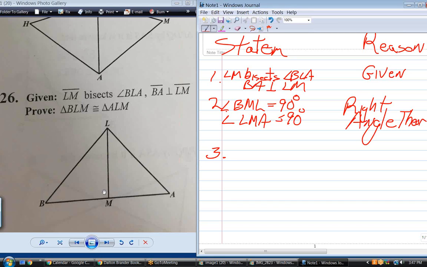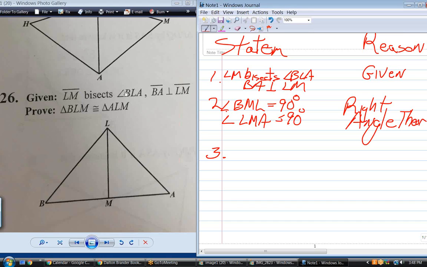Technically, you have two lines because, oh, you're right, bisects. You can say BM equals MA. Also, that it's bisected. Well, notice what LM bisects, not BA. It cuts this side in half, and it bisects this angle.